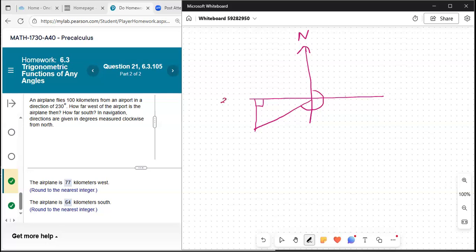Since this is 270 and this rotation is 230, 270 minus 230 gives us 40 degrees here. Let's see, how far west of the airport is the airplane and how far south?